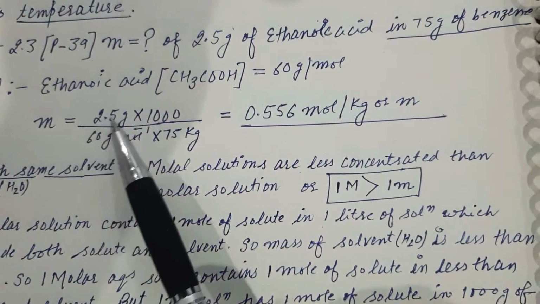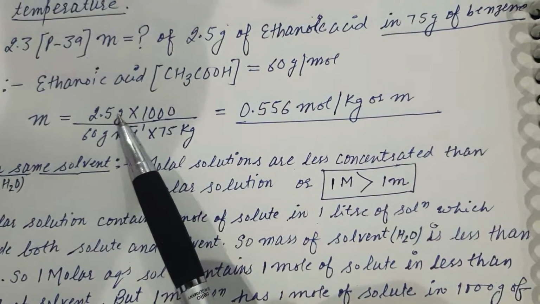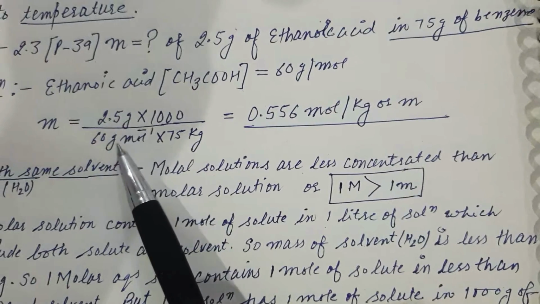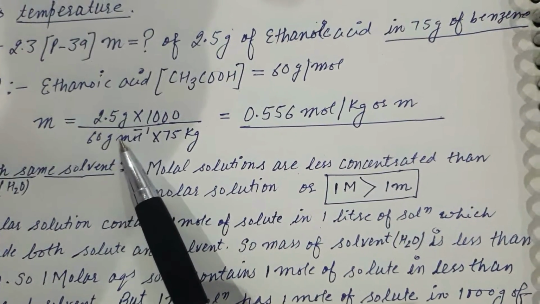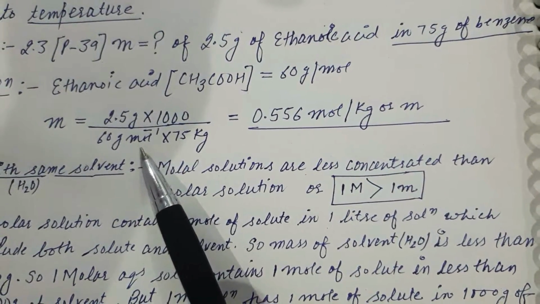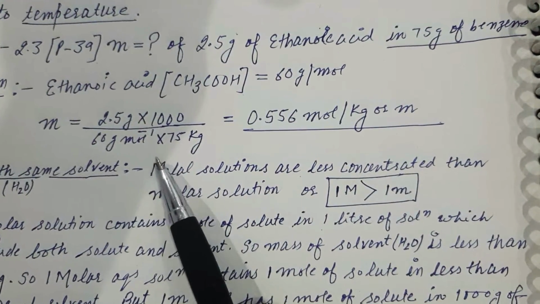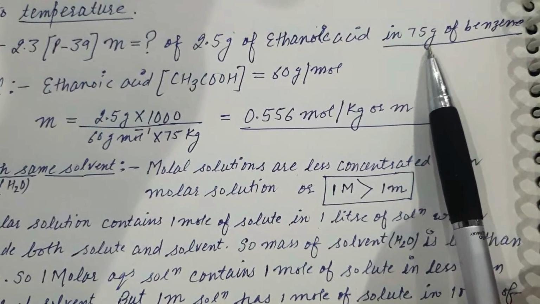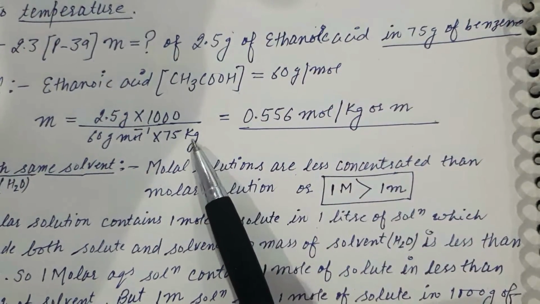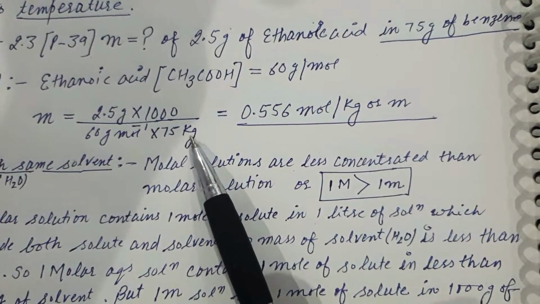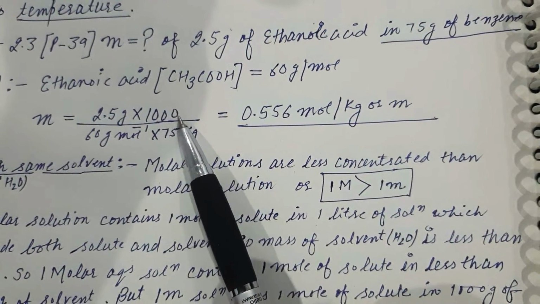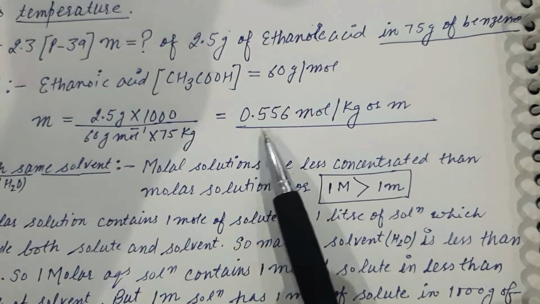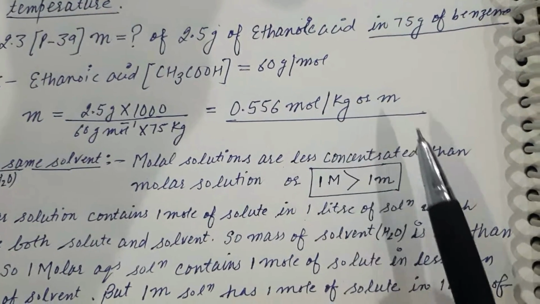Molality is equal to the given mass of solute, in this case ethanoic acid, that is 2.5 gram, upon the molar mass of that solute, 60 gram per mole, upon the mass of solvent. The mass of solvent is 75 gram, but you have to take mass of solvent in kg, so it is divided by 1000, and after calculation it will be 0.556 mole per kg or small m.